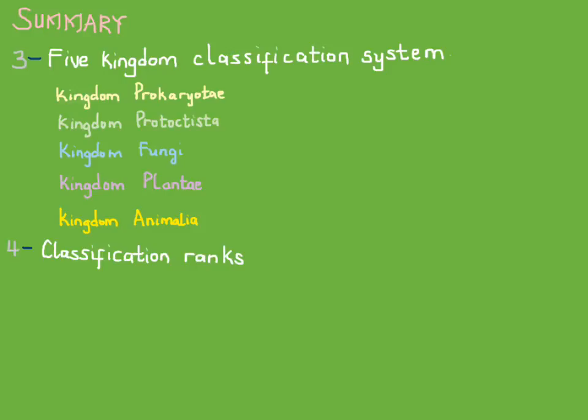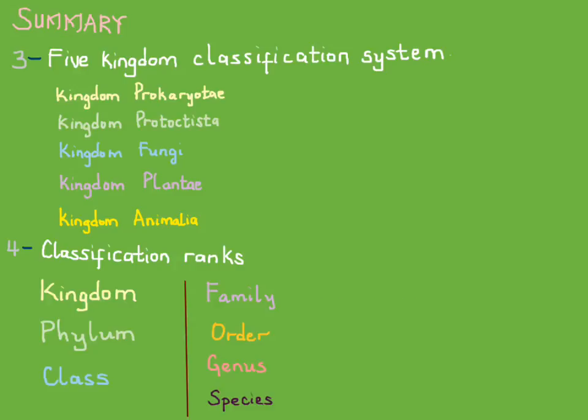Finally, we looked at the different classification ranks of animals from the largest group to the smallest unit, which are the kingdom, phylum, class, family, order, genus, and species.